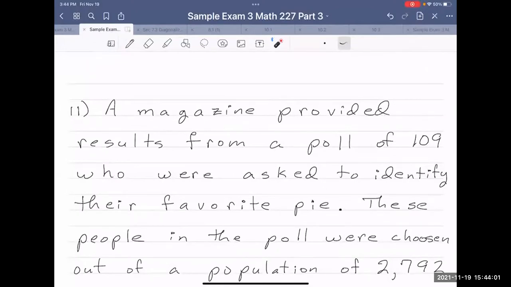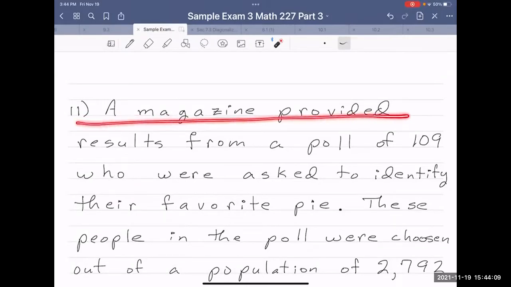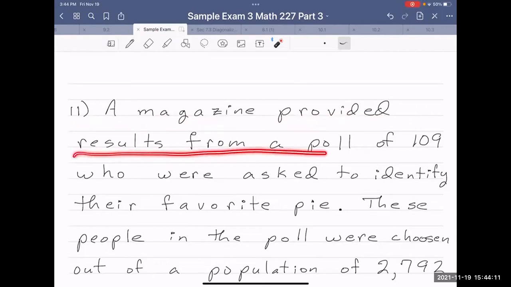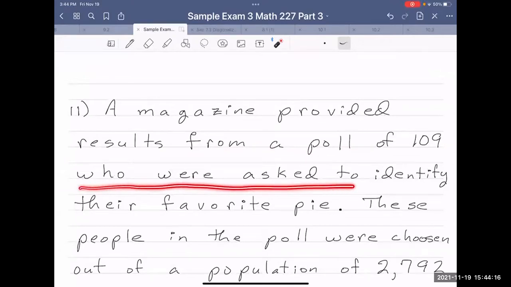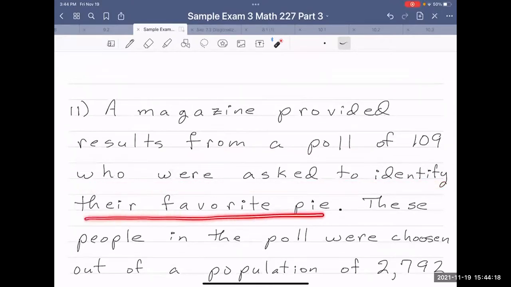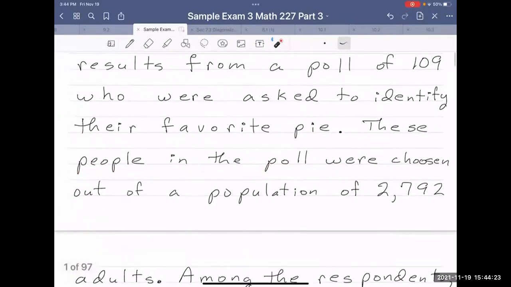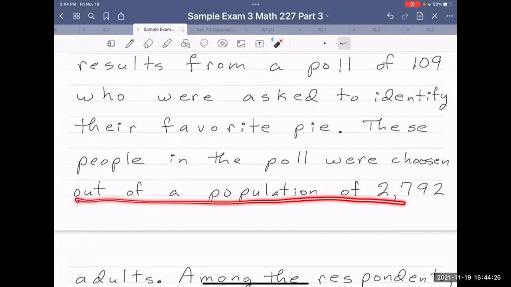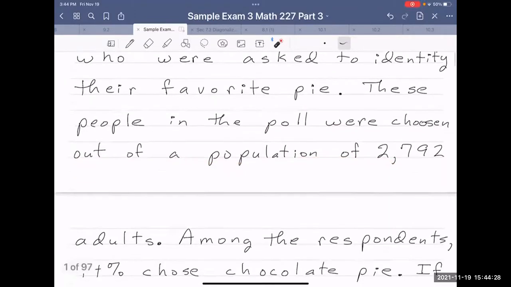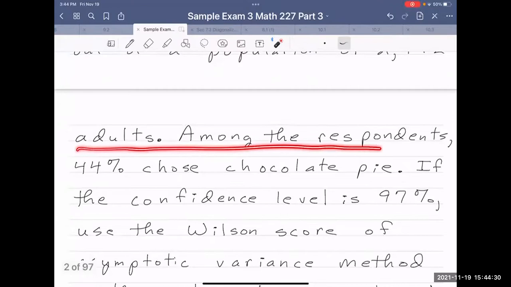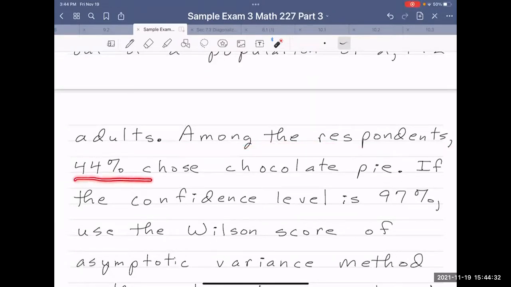11. A magazine provided results from a poll of 109 who were asked to identify their favorite pie. These people in the poll were chosen out of a population of 2,792 adults. Among the respondents, 44% chose chocolate pie.